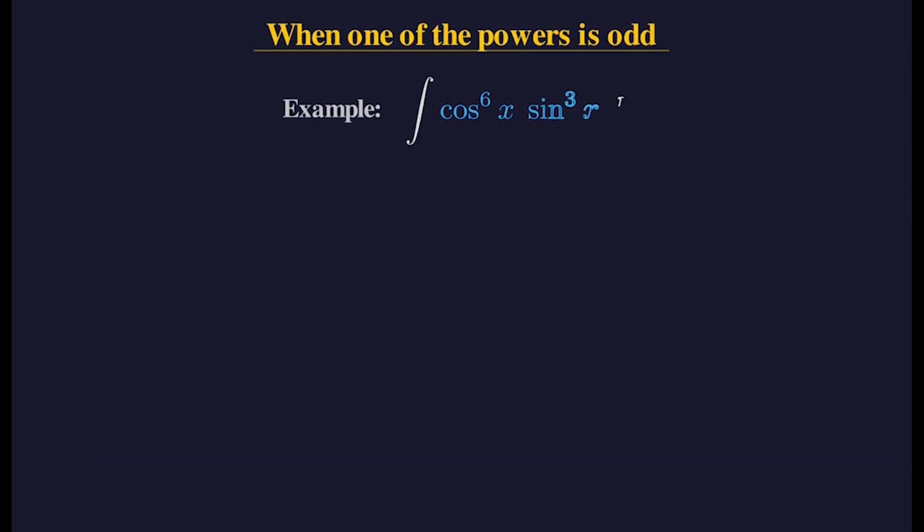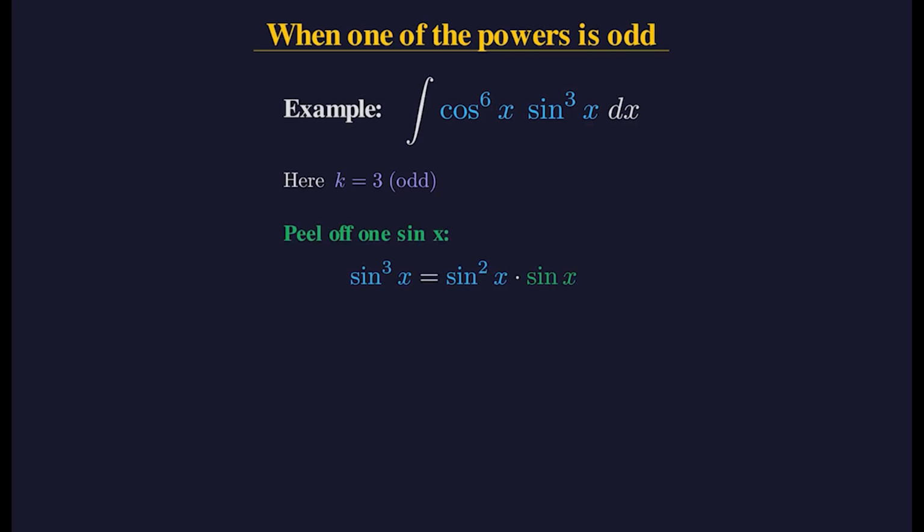Let's take the example of having the integral of cos to the power 6x times sine cubed x dx. In this scenario, k equals 3, which is obviously odd. And so what we do here is we're going to peel off one sine x.